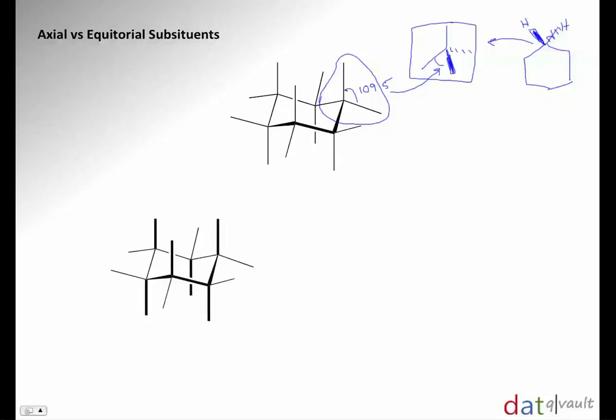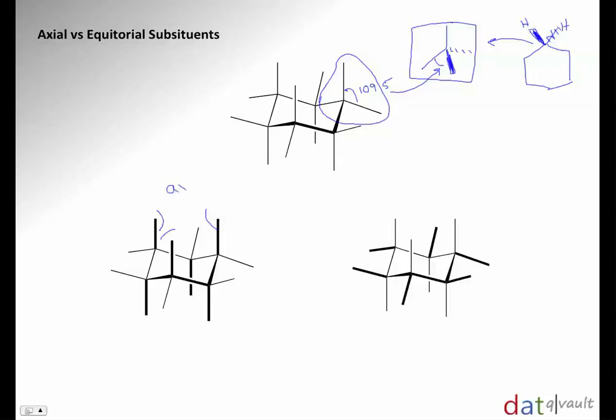When looking at the different substituents, I told you that there are axial and equatorial substituents on a cyclohexane ring. Here I have the structure highlighting all the axial substituents. What's important to know about the axial substituents is that they are all able to interact with one another. The rest of the substituents, facing out and away from the ring, are called equatorial substituents.